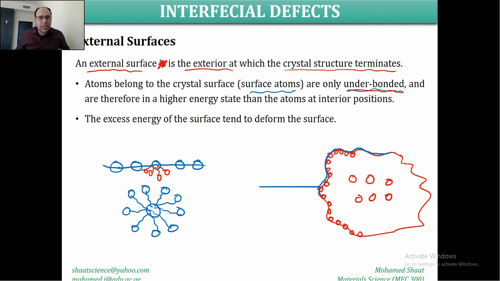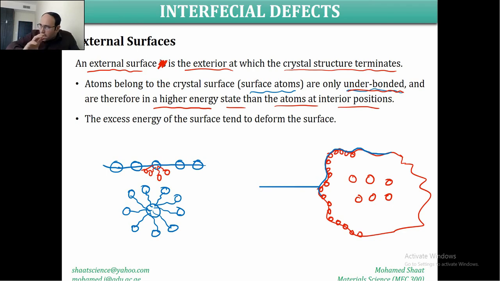This results in some excess energy. This will result in a higher energy state than the atoms in the interior. The atoms located over the surface will be in a higher energy state than the atoms located in the core.